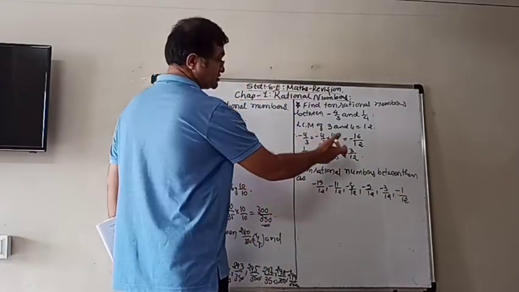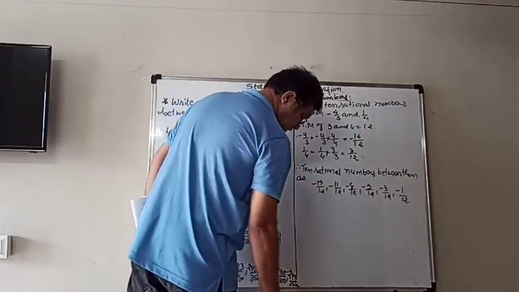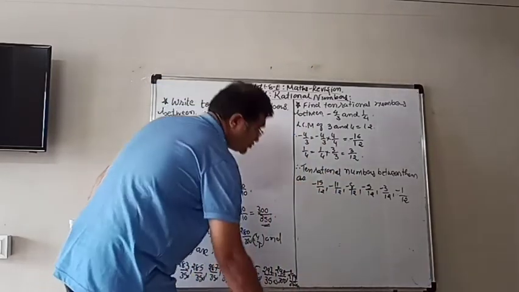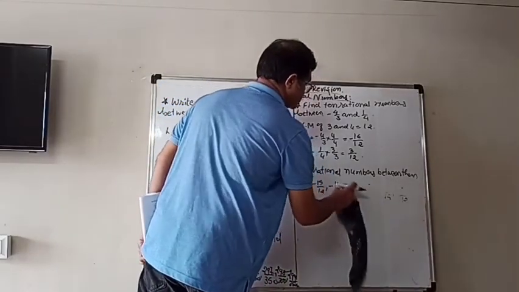But now there is only 3. So you have to be careful. You have to write down the in-between numbers also.